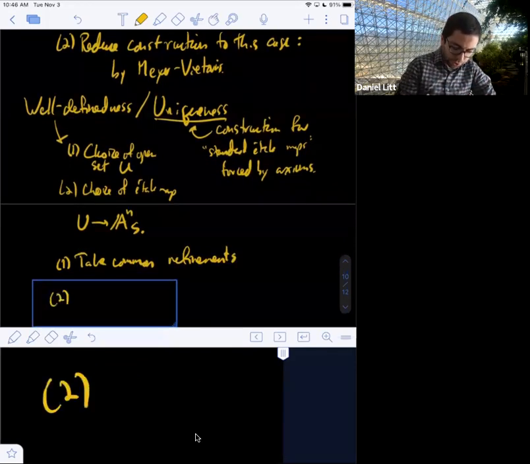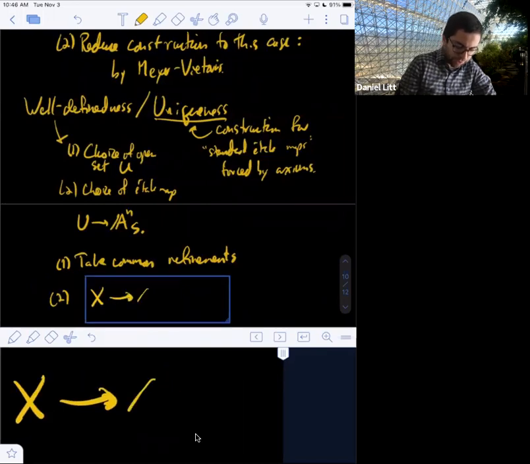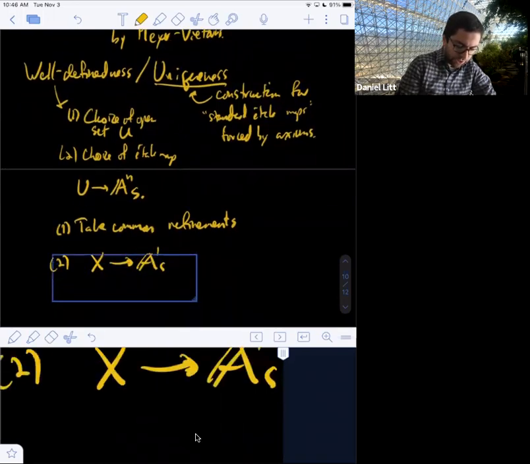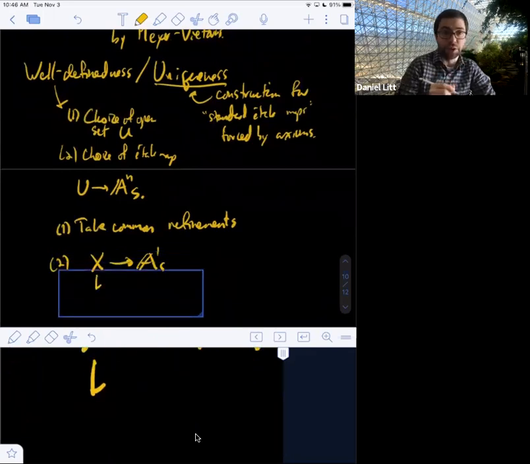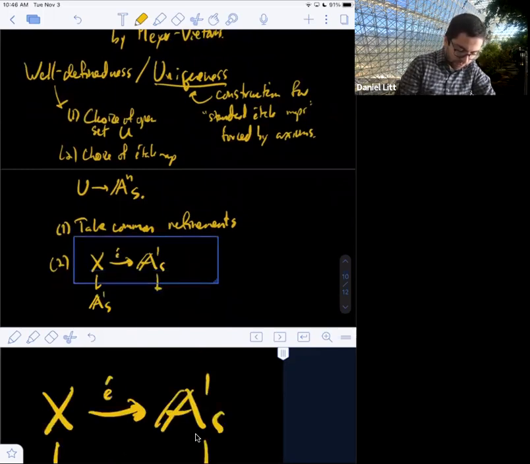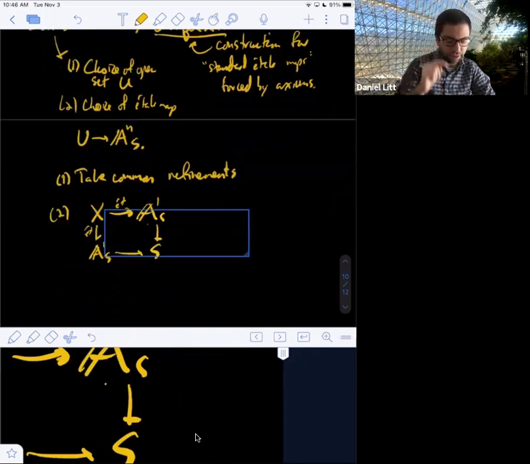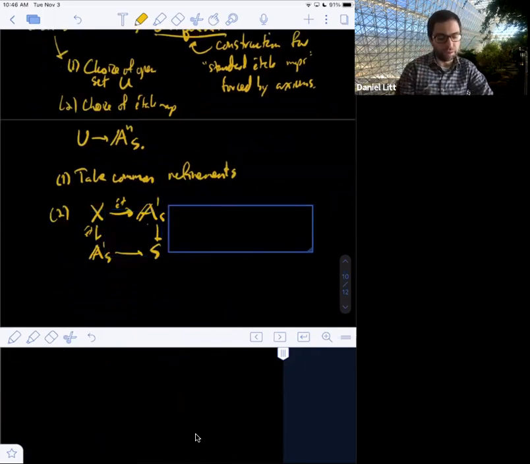And for choice of Étale map, what you end up with is the following situation. So let's just think about the case where you have a relative curve, and we factored everything into relative curves. So this is the key case. So suppose you have two maps like this, where this is Étale, and these are both the structure maps to S. So one needs to check that the map one gets doesn't depend on this choice of Étale map.